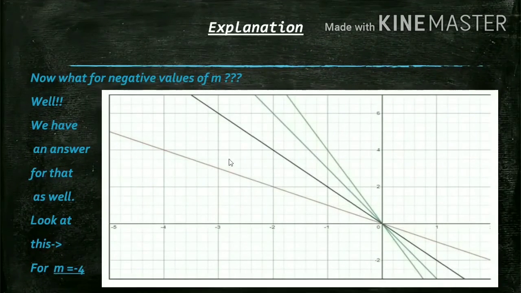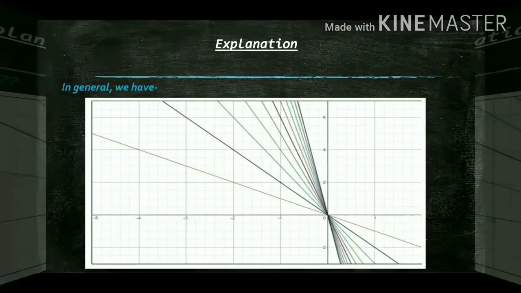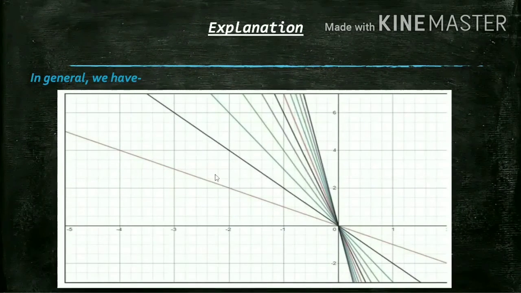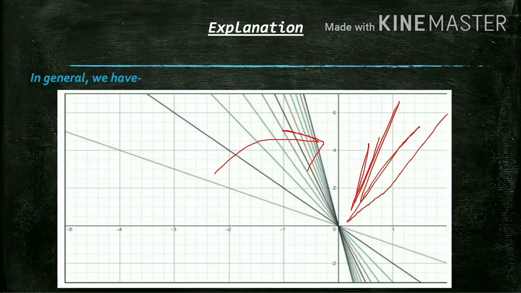That means it again goes in an increasing manner, getting closer and closer to this y-axis for more negative values of m, as can be seen from this graph. And these are all just the mirror images of the previously drawn graphs, which were like this. You have to remember these graphs. So these are just mirror images of each other. Clear? Now coming to the point of whether it is a function or not.